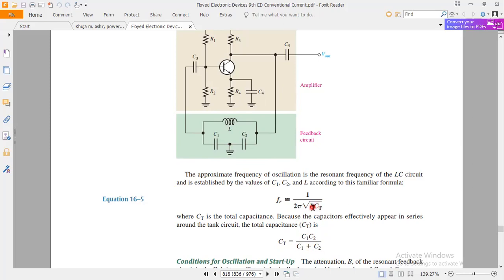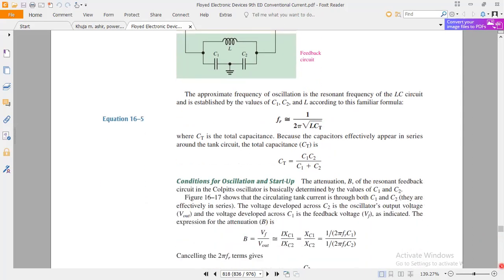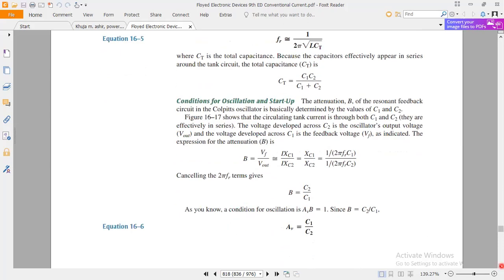Multiplying with the inductor, take the square root of these two entities, multiply by 2 pi, and divide into 1. With the answer we get the value of the resonance frequency of the Colpitts oscillator. So hopefully this concept is clear guys, and further we continue with the conditions of oscillation and startup.